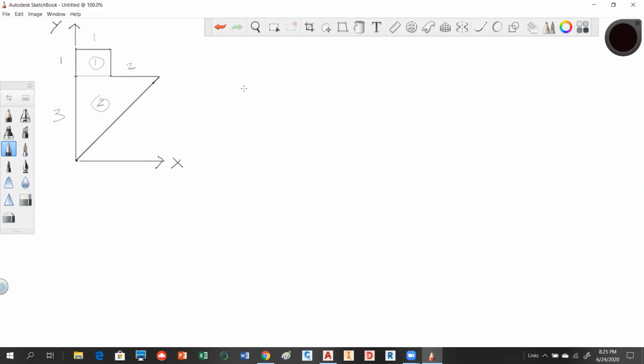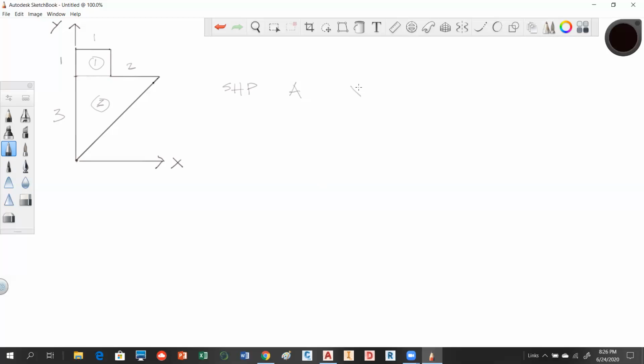So what we have now is a 3 millimeter by 3 millimeter triangle and a 1 millimeter by 1 millimeter square. So utilizing the composite shape little diagram or chart, we're going to have our shape. Then we're going to calculate the area.